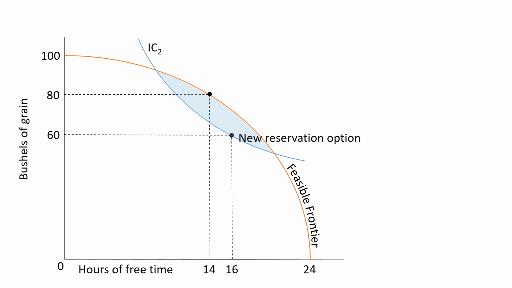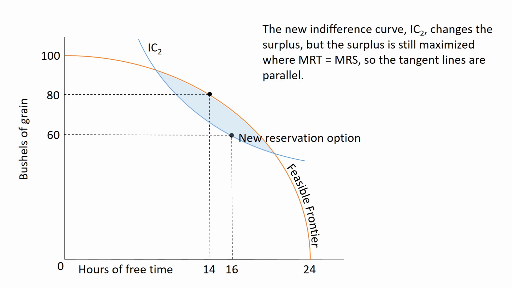Presumably, Johann's fellow farmers are also tempted to immigrate. So Oscar has to negotiate a new deal, or else he could potentially lose all of his rental income. The new indifference curve, IC2, changes the size of the surplus, but the surplus is still maximized where MRT equals MRS, so the tangent lines are parallel.